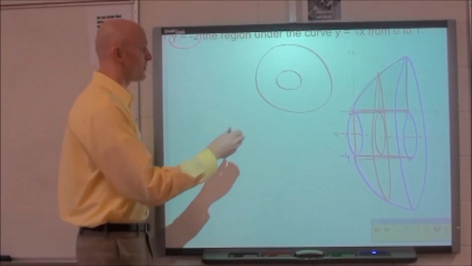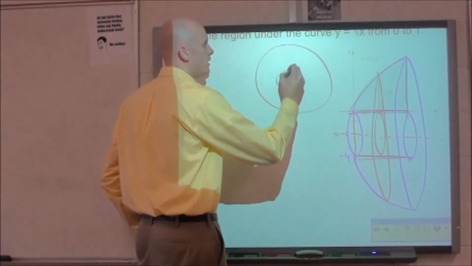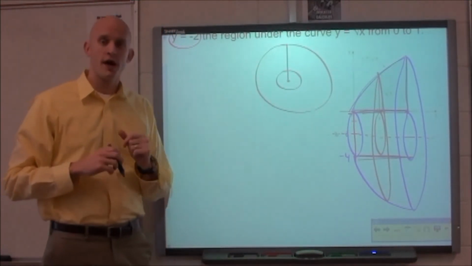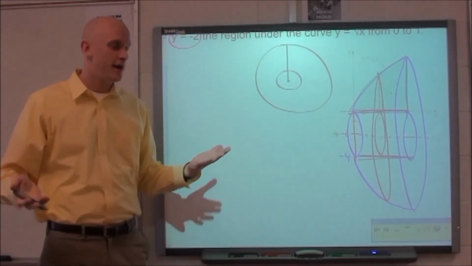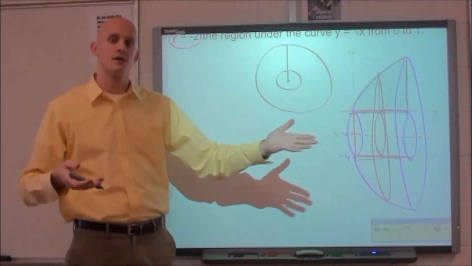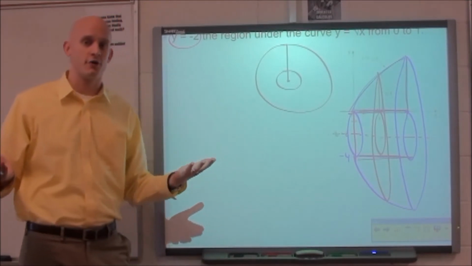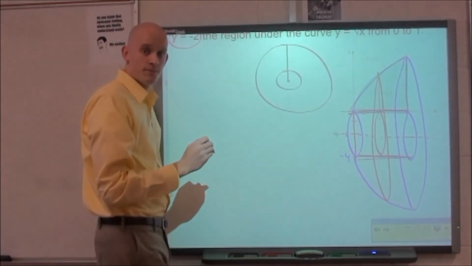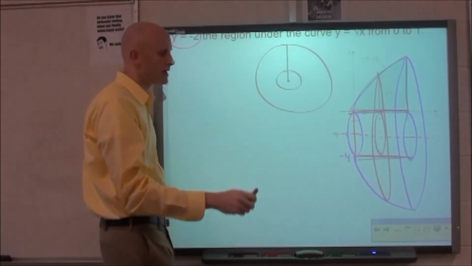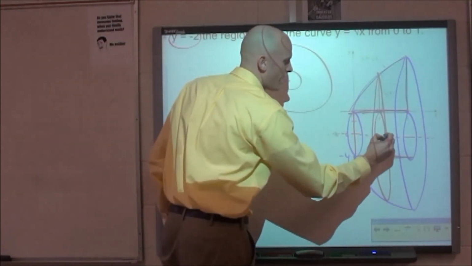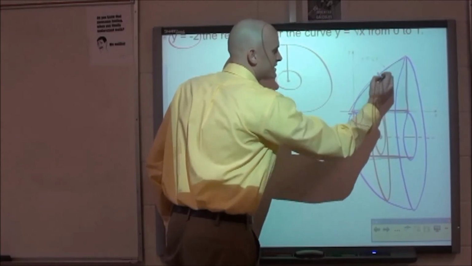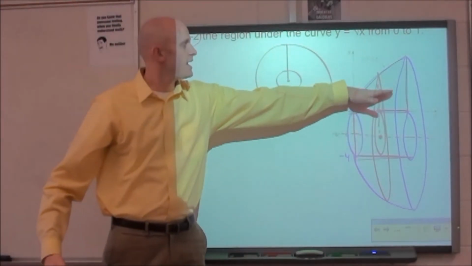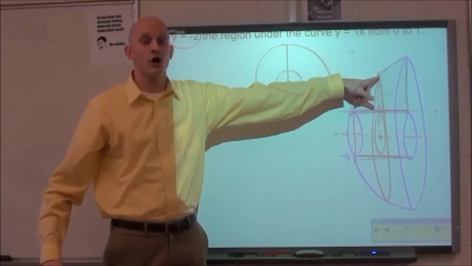So if I want to talk about the area of this, I know that I'm going to take the total area and subtract out the area of the hole. And then we'll integrate similarly to the way we did when we were finding the volume using discs. So, the total area of this shape, before I subtract out the hole, the total area is this distance. Here's the center, and it goes up to the curve.